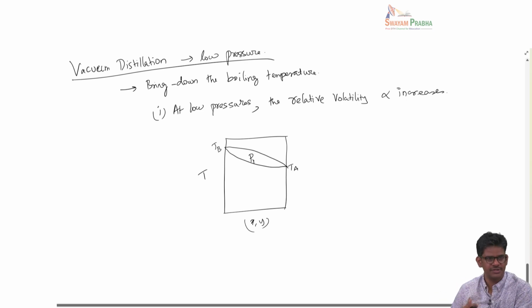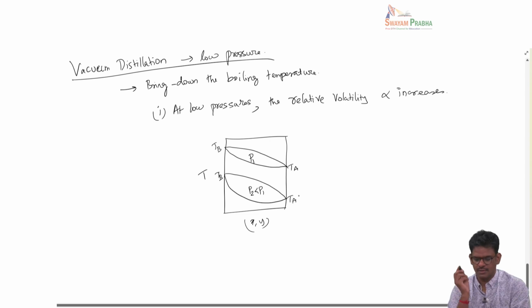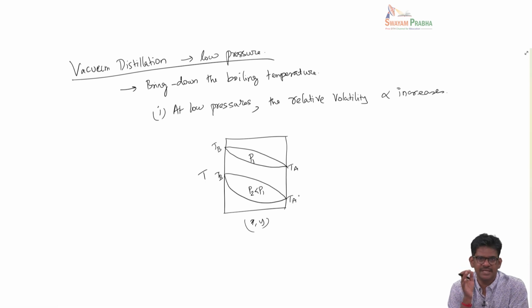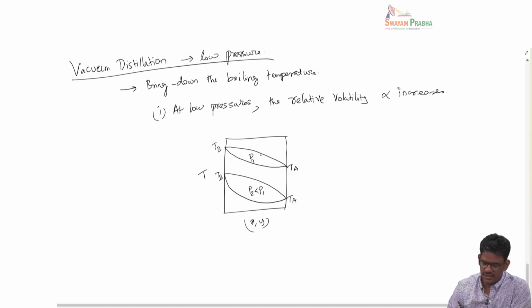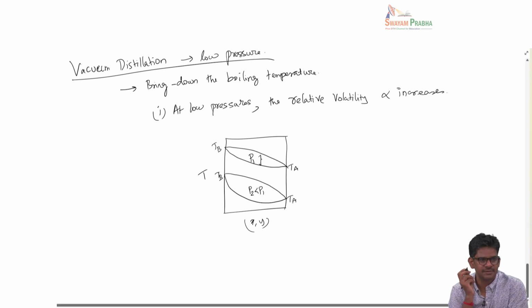Now when you reduce the operating pressure, you will see that this curve moves down, where P2 is less than P1. So by reducing the operating pressure, we have achieved two things. One is that we have reduced the boiling points of the pure species as well as the mixture, and also if you look at the separation between the curves, you see that it broadens.